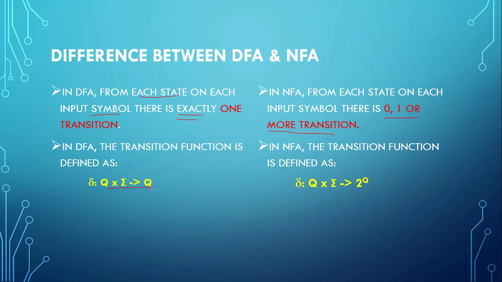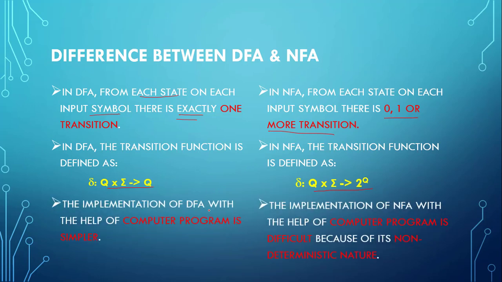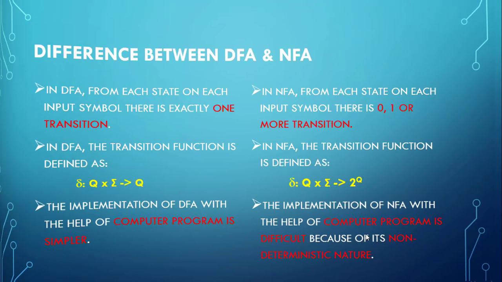Here it was Q cross summation giving us Q, whereas it is Q cross summation giving us 2 raised to Q in NFA. Next point, the implementation of DFA with the help of a computer program is simpler since there are no complications of 0, 1 or more transitions, whereas that problem exists because of the non-deterministic nature of NFA when implementing NFAs in a computer program.